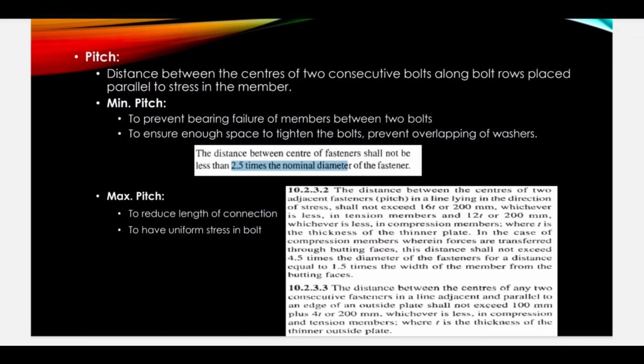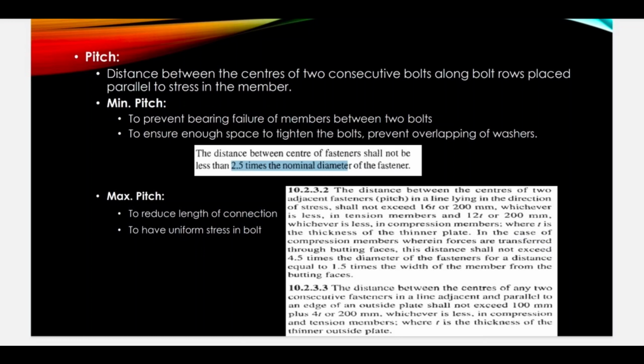I can share some details on the pitch. The pitch is the distance between the centers of two consecutive bolts along the bolt row, placed parallel to the stress in the member.